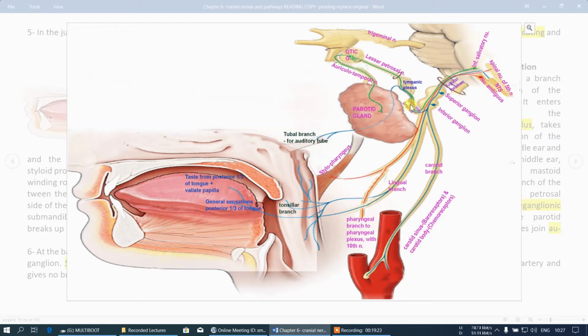Okay, if you name these branches, this is tympanic branch, this is pharyngeal branch, muscular branch, this is lingual branch, and somewhere here there is pharyngeal branch, and the special branch, that is carotid branch, goes to receptors. Again, tympanic branch, muscular branch, tonsillar and lingual branch, pharyngeal branch, and carotid branch.